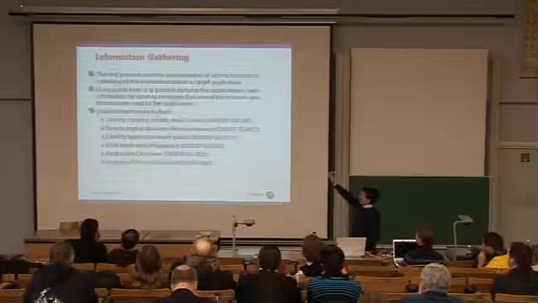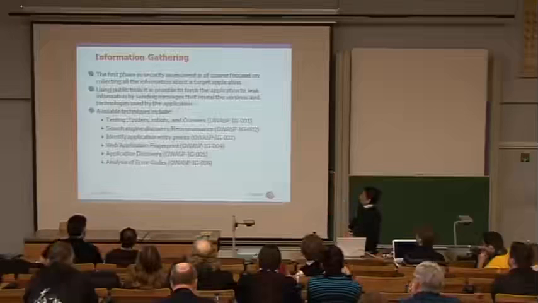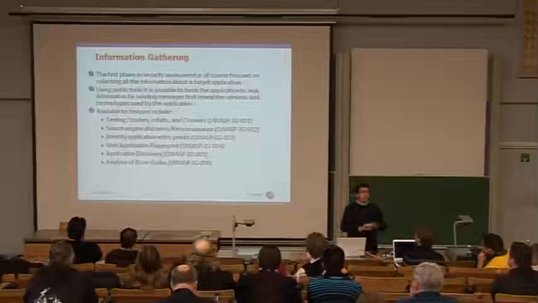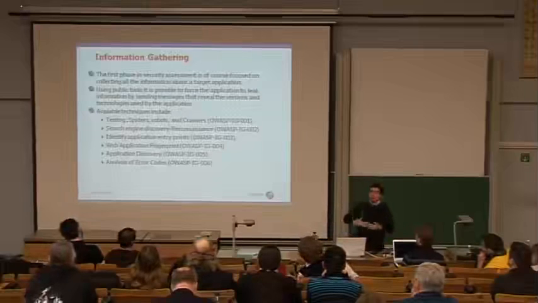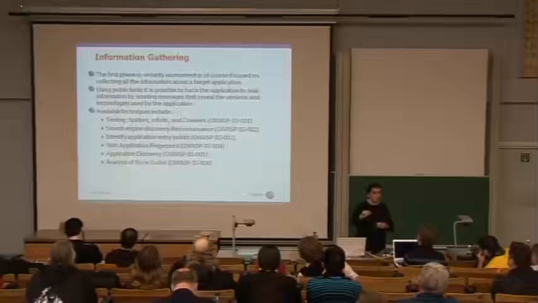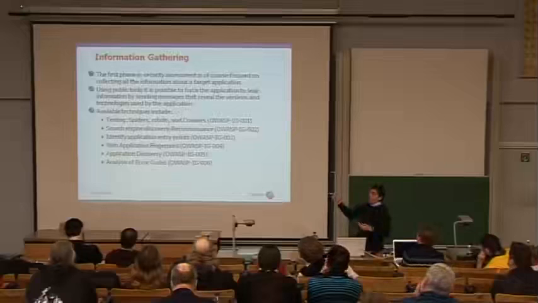We start from information gathering. The first phase in the security assessment is to play with the application with a tool like WebScarab or another tool, and understand how the application answers you, and find the whole tree of the application, so all the directories accessible from the public, etc. So you can write down all the entry points of the application.